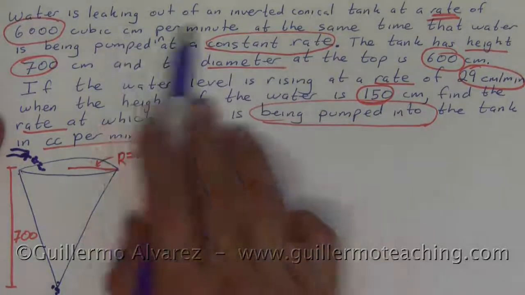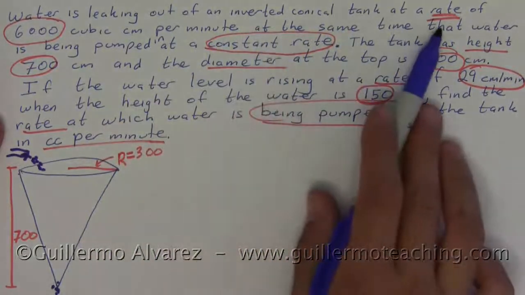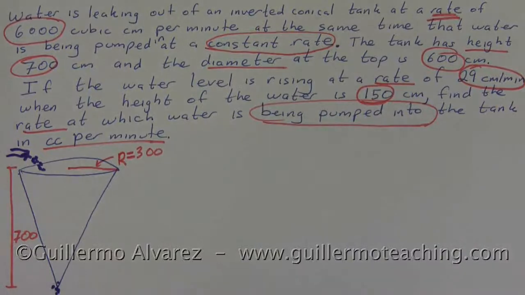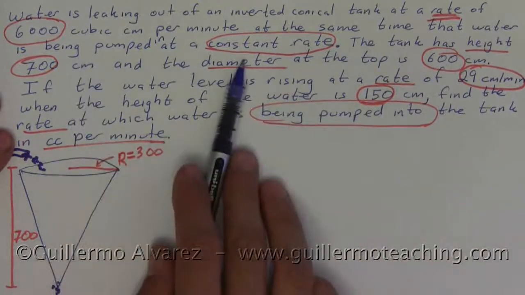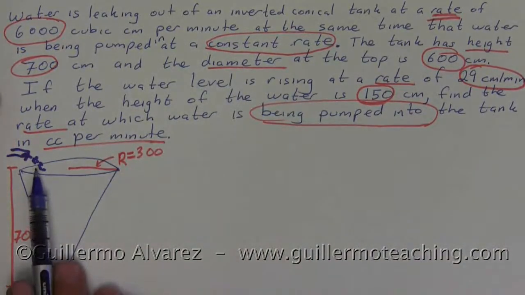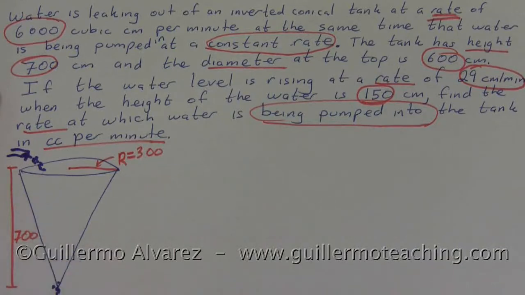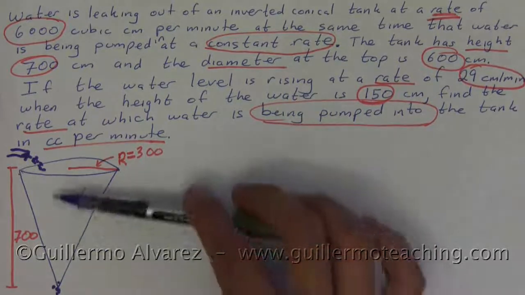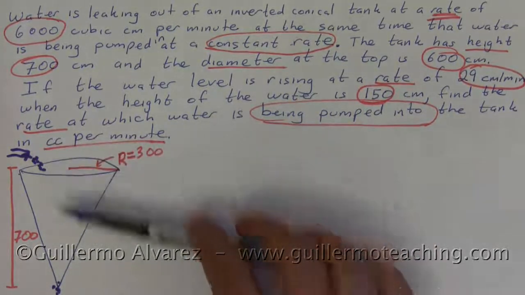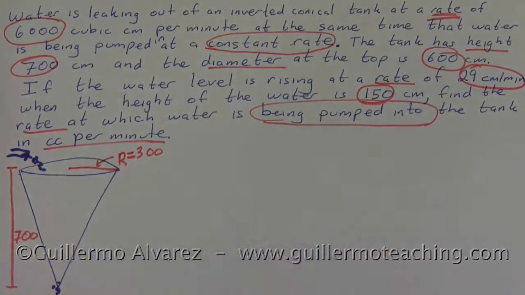It's leaking out at a rate of 6,000 cubic centimeters per minute, at the same time that water is being pumped in at a constant rate. So the volume of the water inside depends on how much is being pumped in and how much is leaking out of the bottom of the cone.